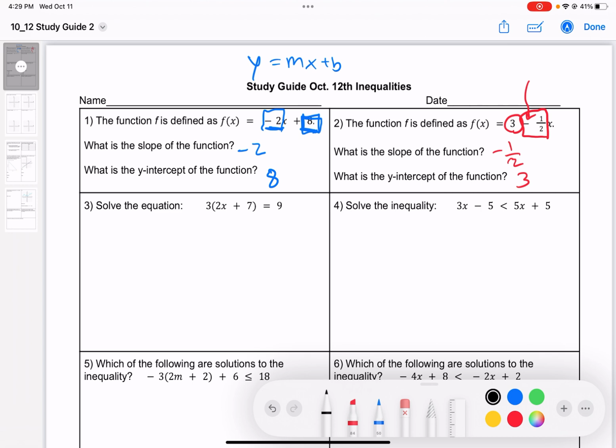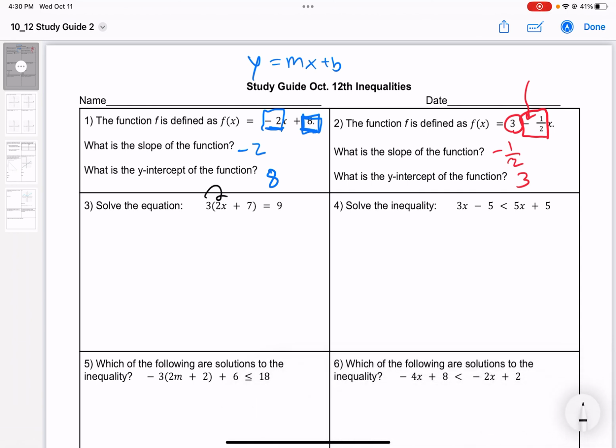It says solve the equation. We just have a basic equation here. We're going to start with distribution. 3 times 2x is 6x. 3 times 7 is 21 equals 9. Now I subtract 21 from both sides. These cancel. I get 6x equals. This is where kids make the most mistakes.